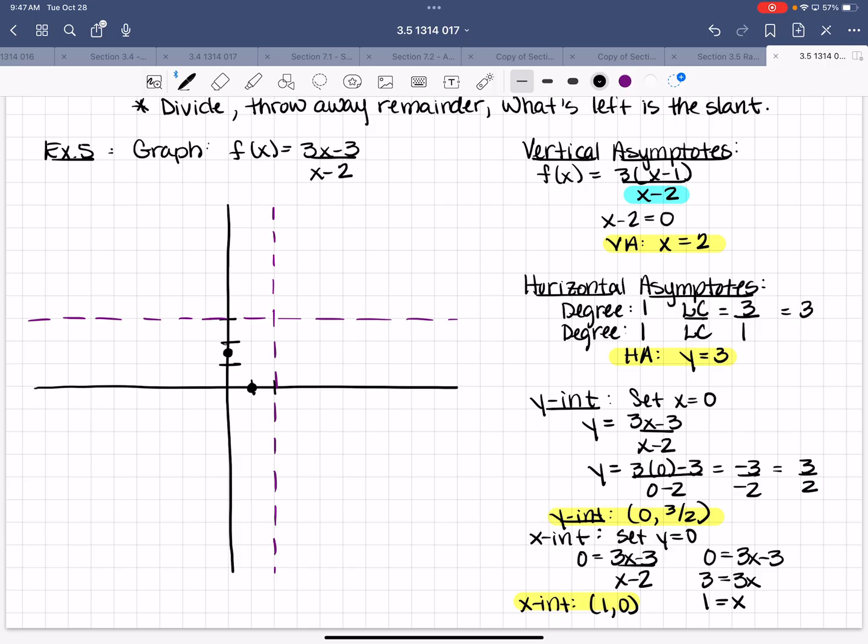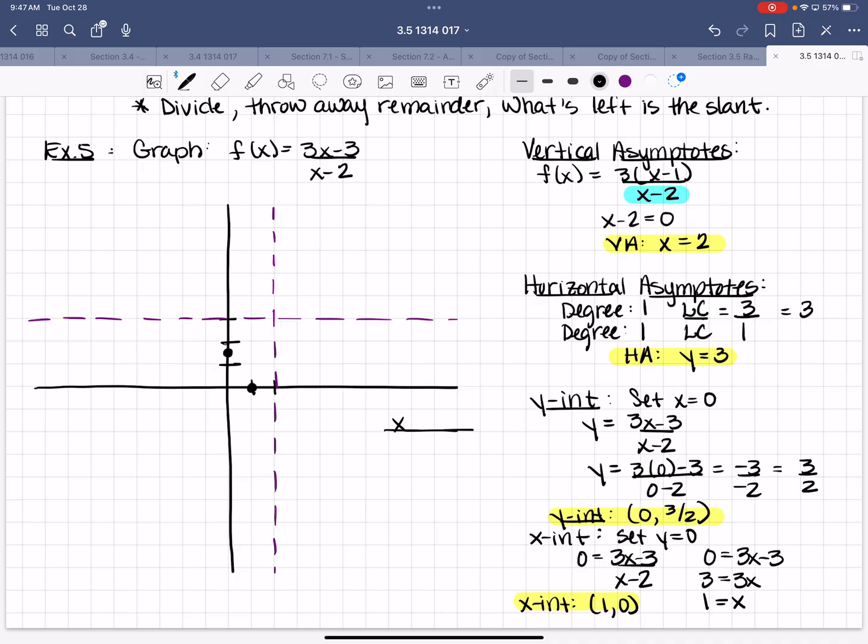We've got our points to the left of x equals 2, right? So let's see what happens over there at x equals 3 and on.